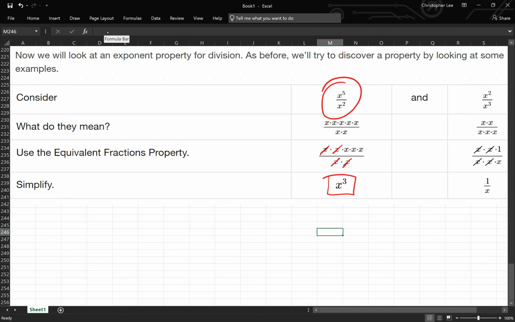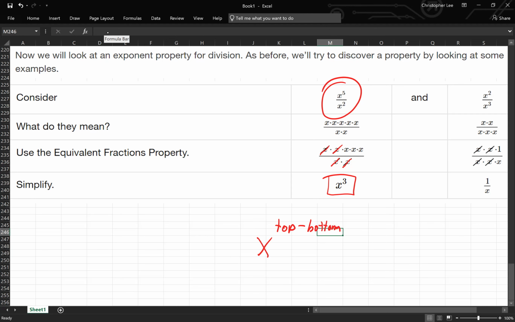We started off here, so you subtracted 2 from 5. I'm looking for something more basic than that. I'm looking for you to say you subtracted the bottom from the top, or top minus bottom. That's how you divide exponents. Top minus bottom.